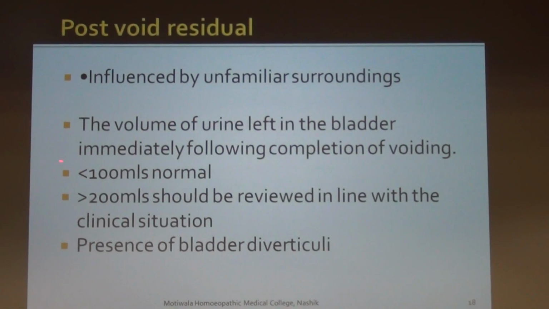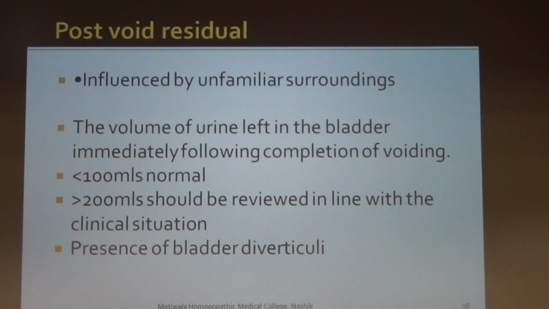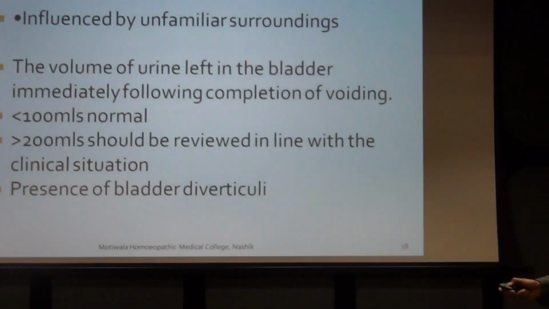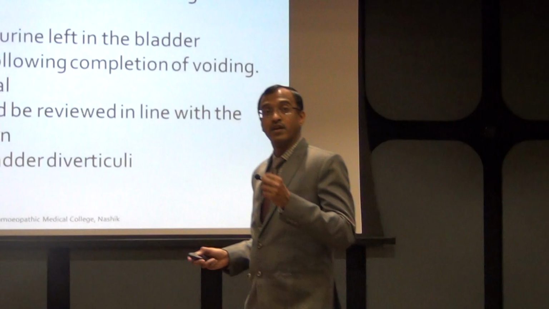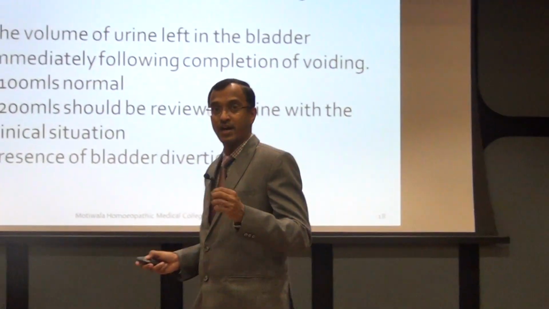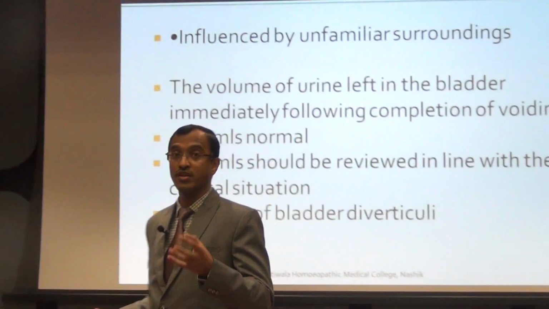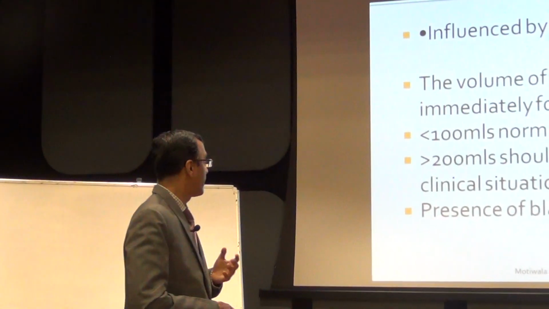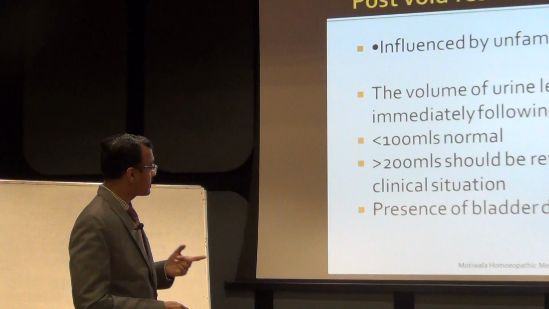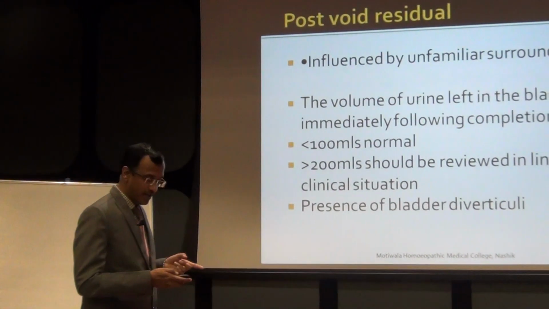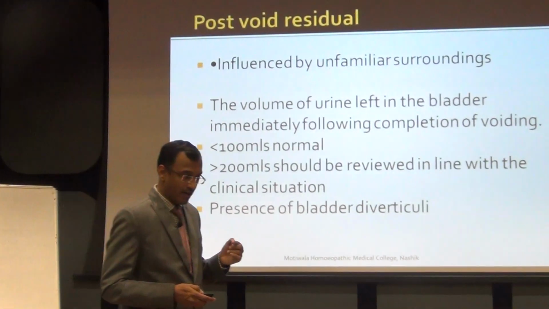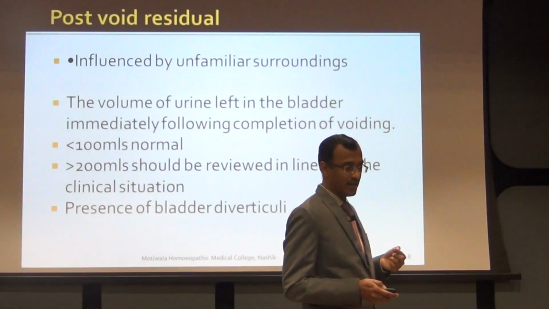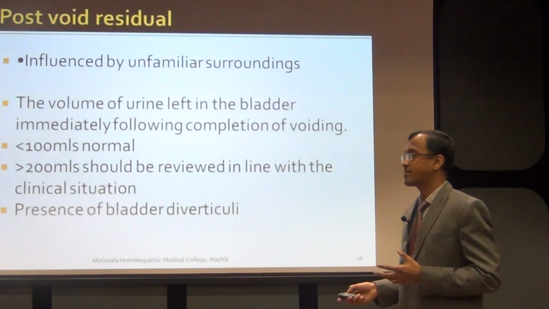Less than 100 ml may be a normal limit, but if it is more than 200 ml, yes, we need to suspect prostatic hyperplasia or various clinical conditions where there is an outlet obstruction. And again, the presence of bladder diverticula is key in diagnosing benign prostatic hypertrophy from ultrasonography reports.